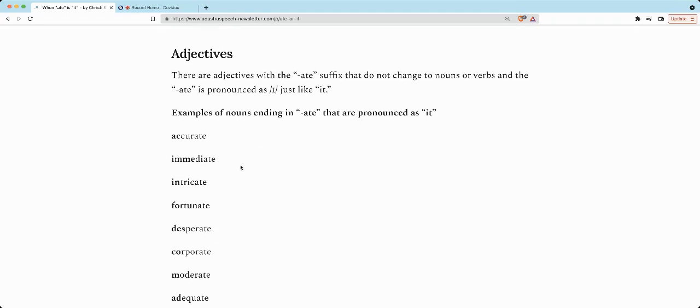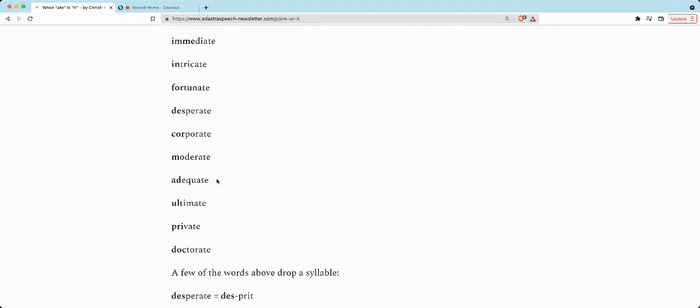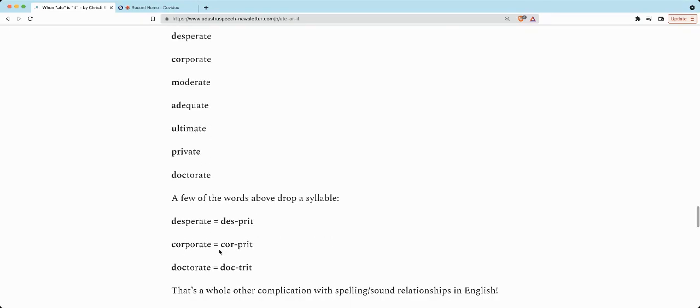Accurate, immediate, intricate, fortunate, desperate, corporate, moderate, adequate, ultimate, private, doctorate. And you might have noticed that some of those words dropped a complete syllable.